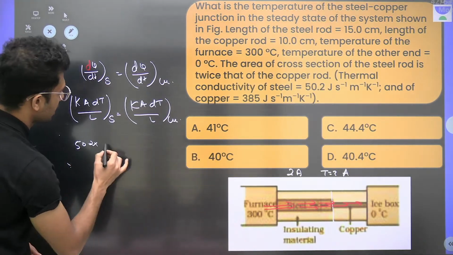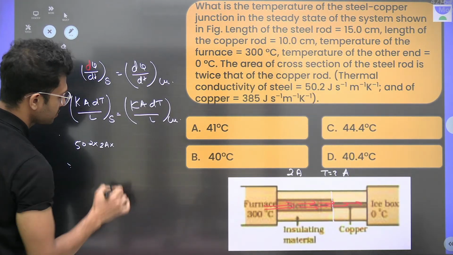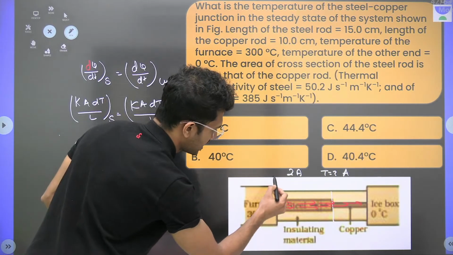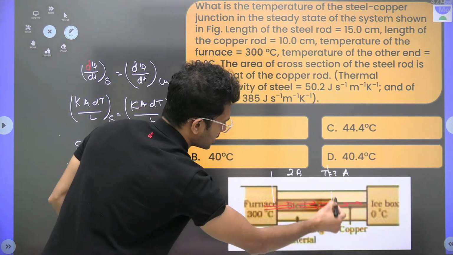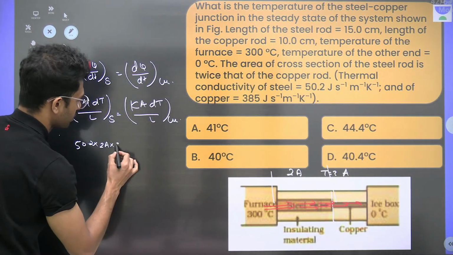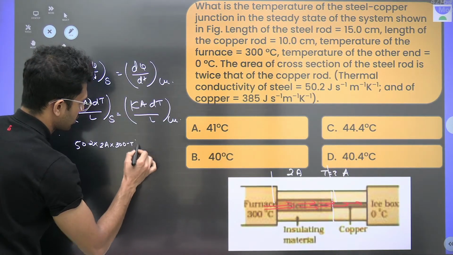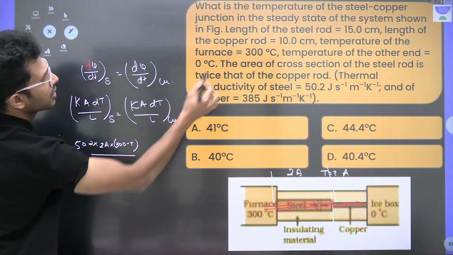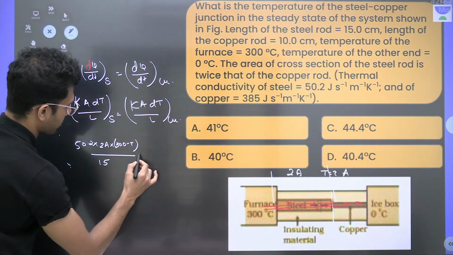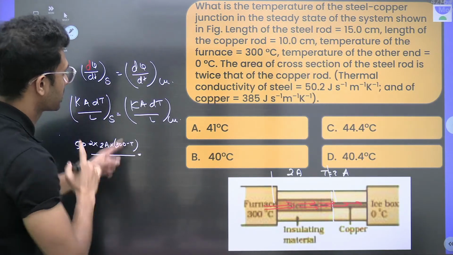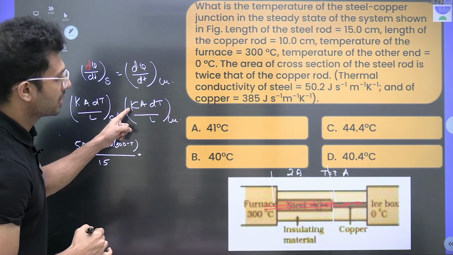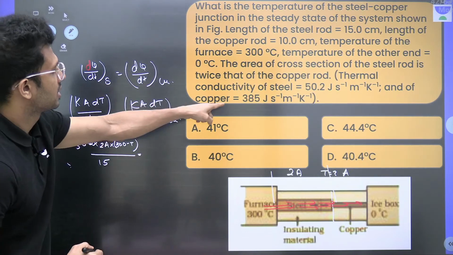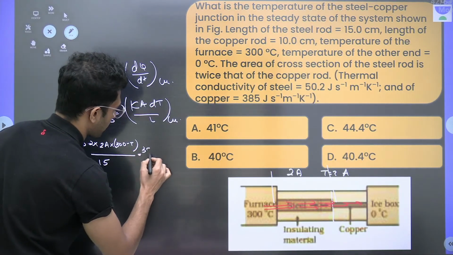Now area of steel is 2 times A. Change in temperature across steel: this end is 300, this end is T, so the change is 300 minus T, the whole divided by the length of steel, that is 15, is equal to K of copper. How much is K of copper? 385.